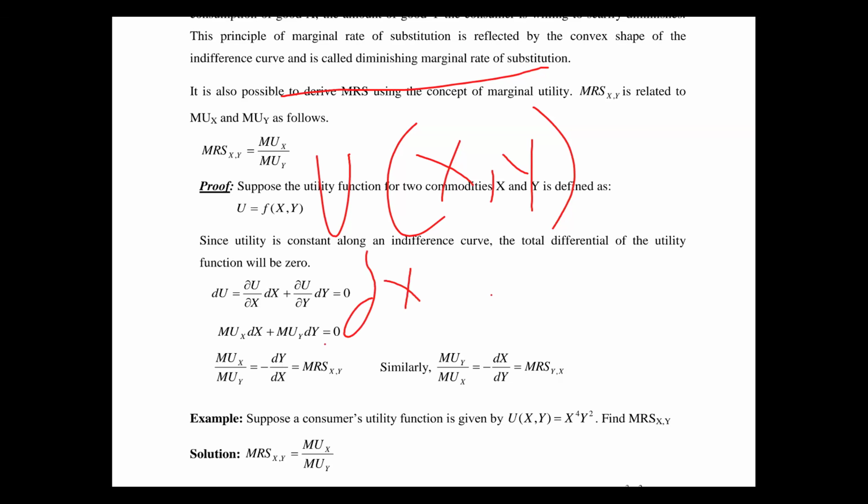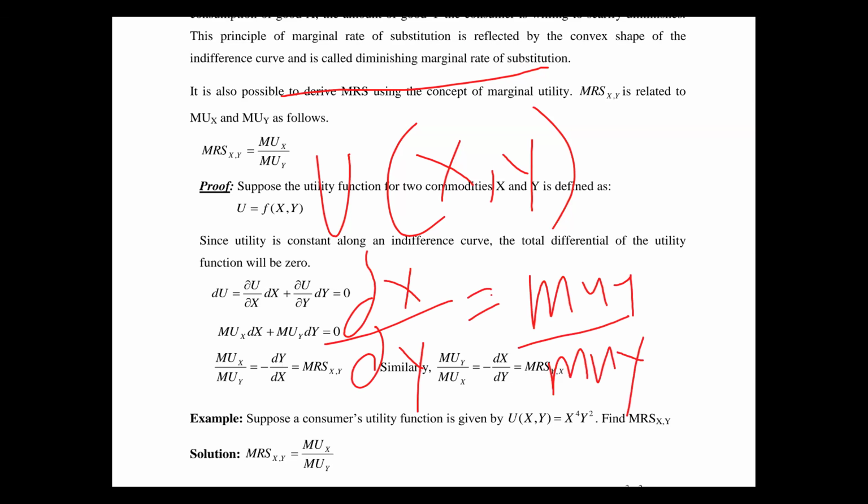So for example, dx dy, meaning the differentiation of the function with respect to y, it is the same as the marginal utility of y divided by the marginal utility of x. This is equal to the marginal rate of substitution y comma x. You need to take this home, very important.